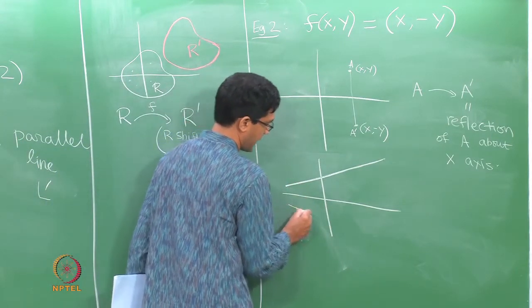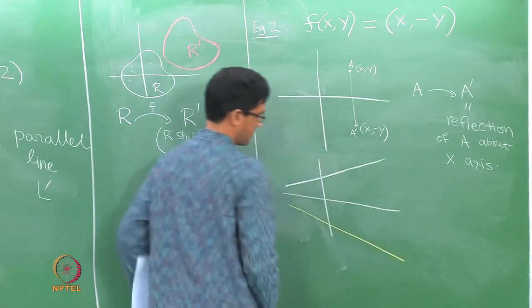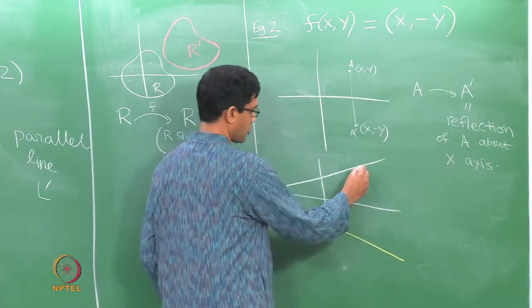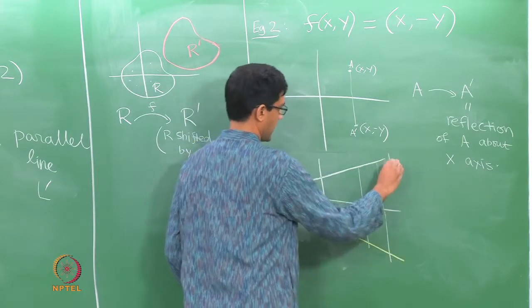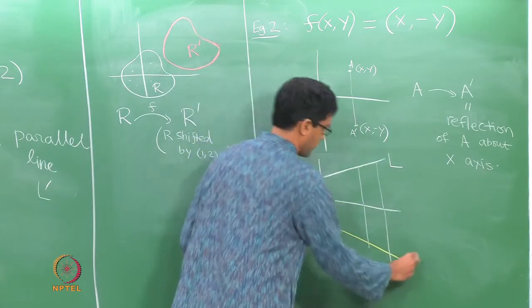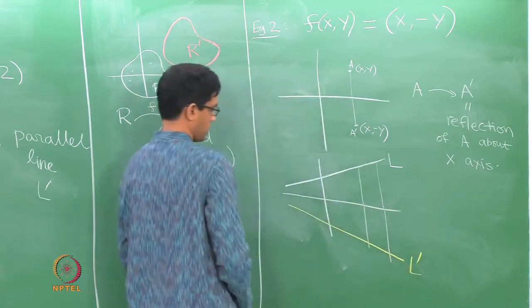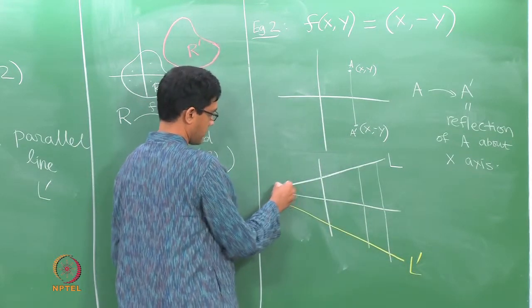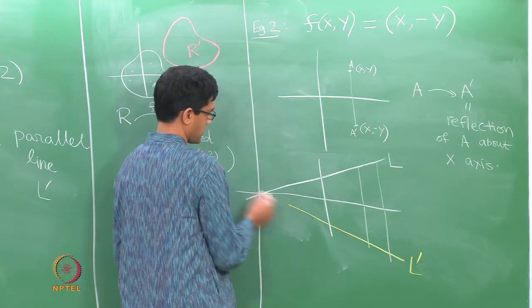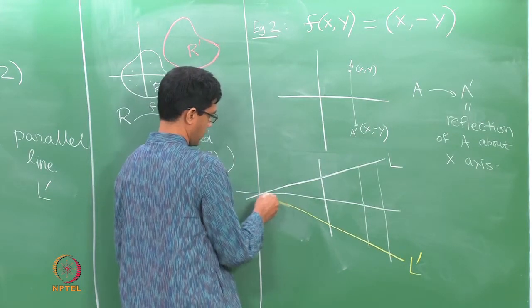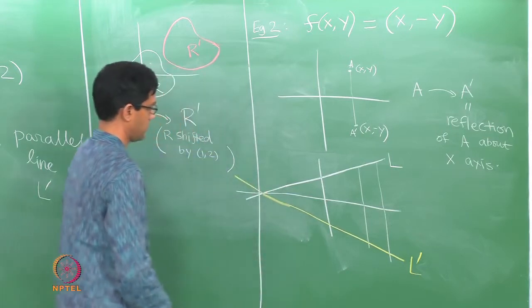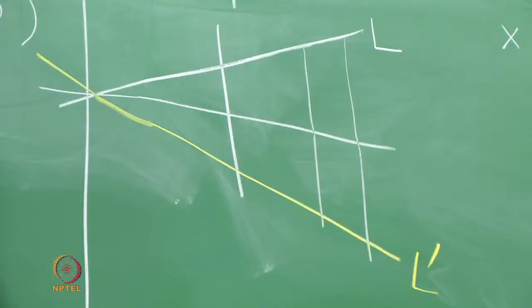So it just gives me the reflected line. So this is what the function would do. It's just a mirror image. So this line L maps to the line L dash. Okay. And observe, of course, these lines will intersect somewhere on the x axis. Okay. So that's the picture for what it does to lines.